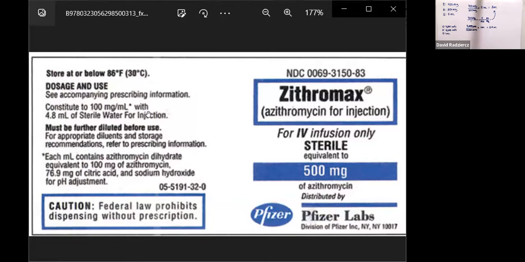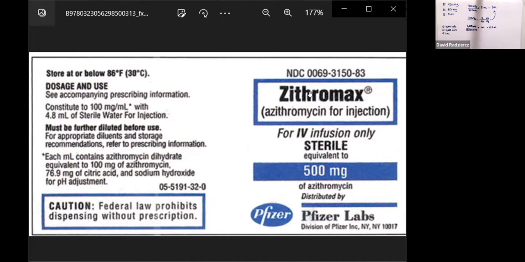And you might be wondering, when did we do this? Well, this is usually done in the pharmacy, but you might have to do this also in certain clinical settings. You might have everything there that you need to add water, shake, and then administer. So it tells you right here, constitute, which is the whole purpose of a reconstitution, 100 milligrams per milliliter.